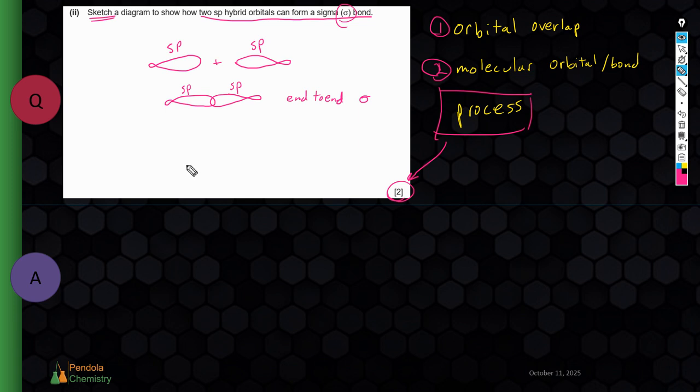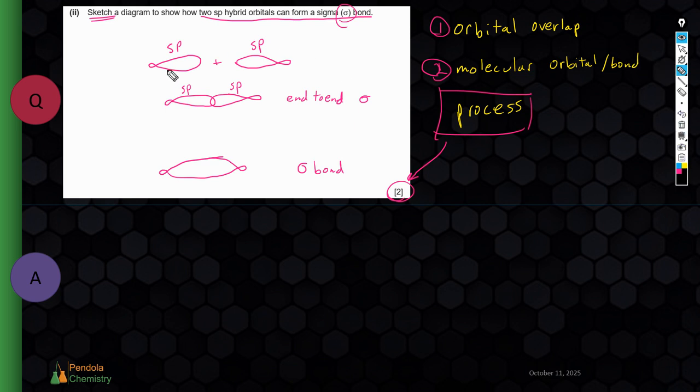And then finally, I'm going to get my molecular orbital, my sigma bond or sigma orbital, which is going to have that little tail on one side, and then it's going to have an area of the combined orbitals together here. Now, it is generally a good idea when you draw this to still show your nuclei or some kind of reference.